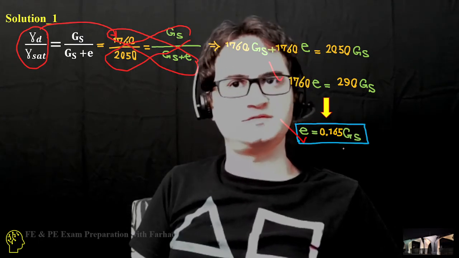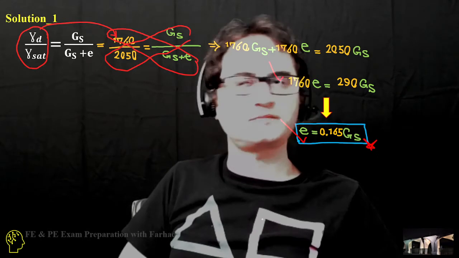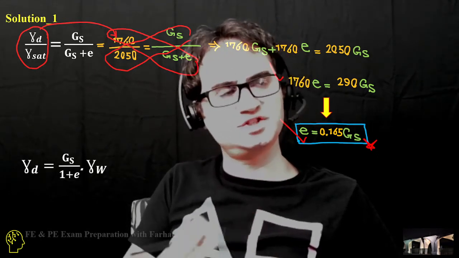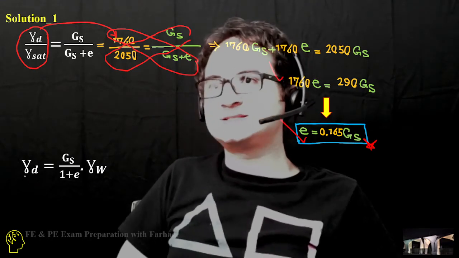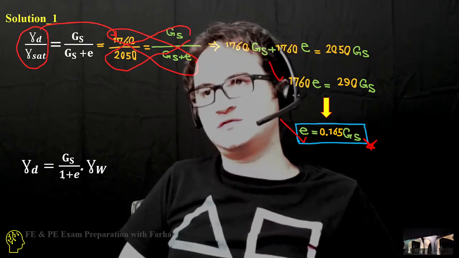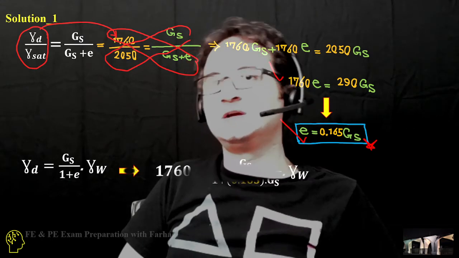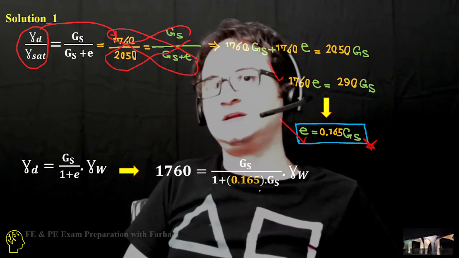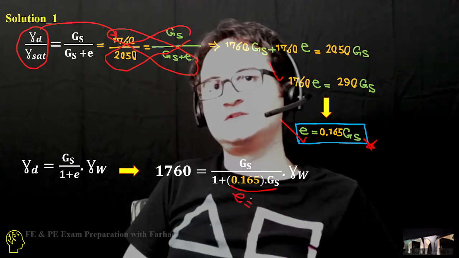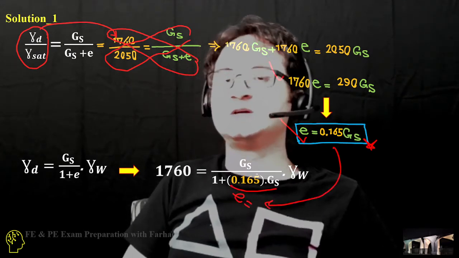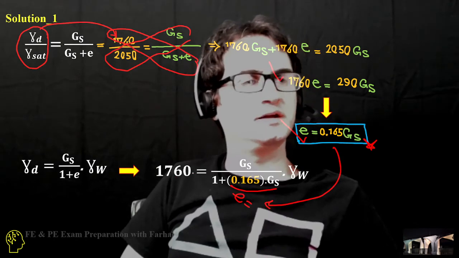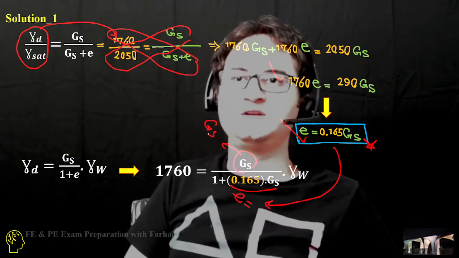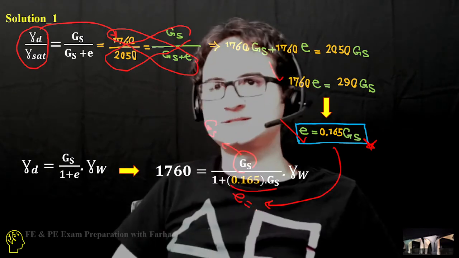0.165 times specific gravity. So far, we get a relation which connects GS to void ratio. At the same time, gamma D is GS over 1 plus E times gamma W. If we replace the E equation, which comes directly from here, we have an equation where the only unknown is the specific gravity of the soil grains.